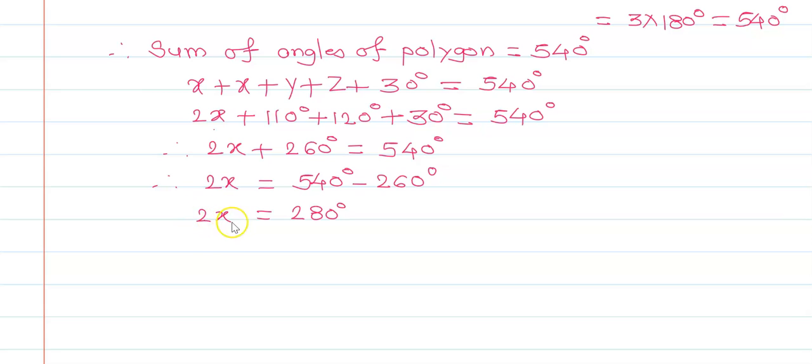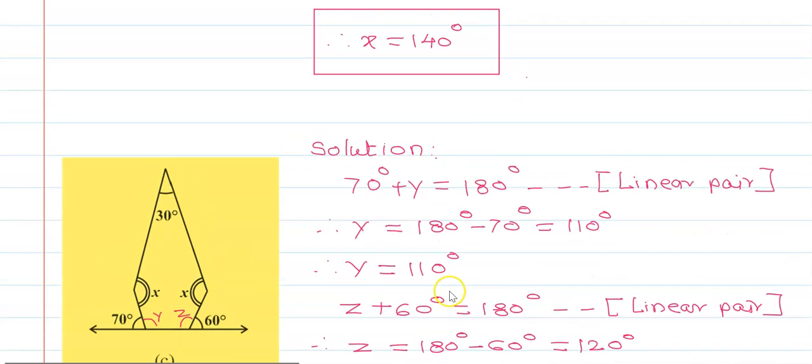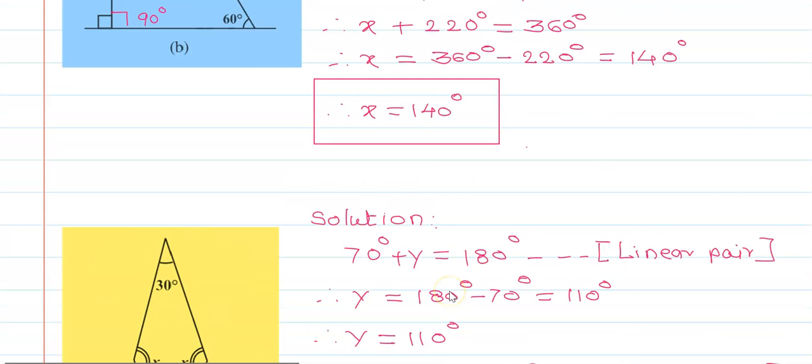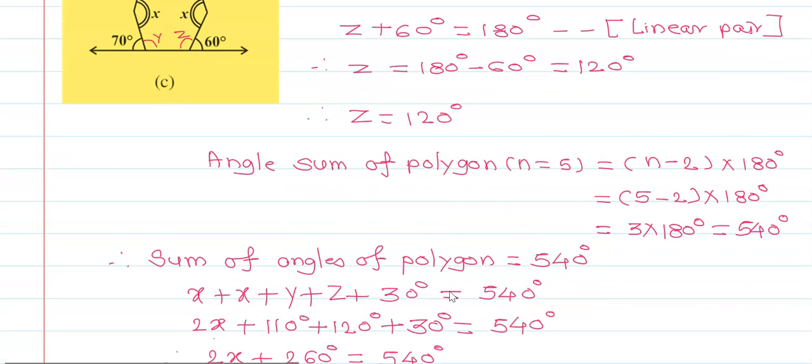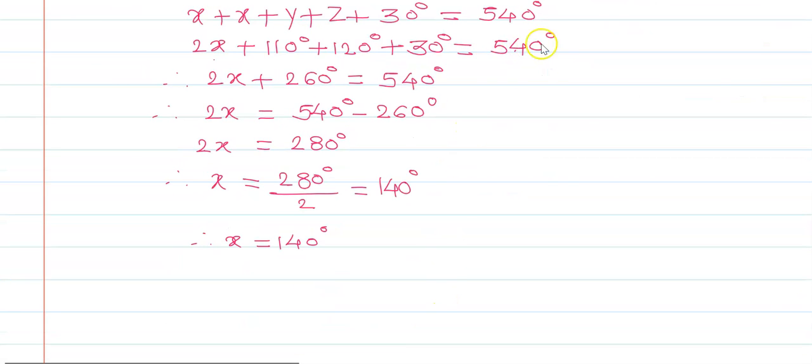This equals to 2x, and therefore x is equals to 280 upon 2, that is equals to 140, and hence the x is equals to 140. See this? This is the answer.